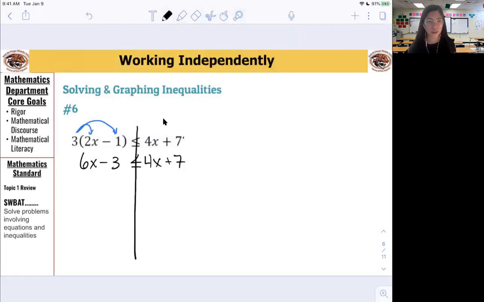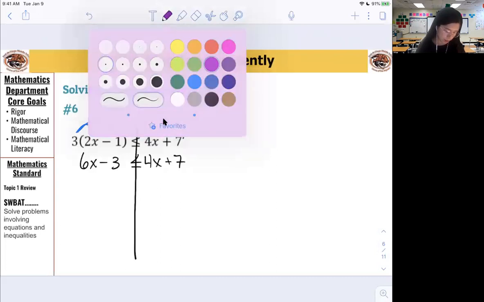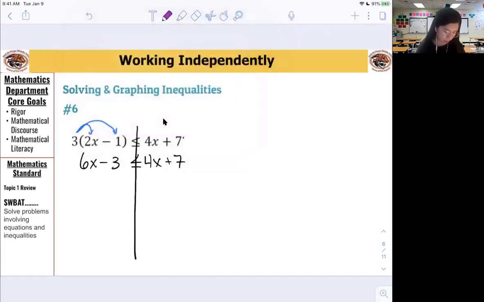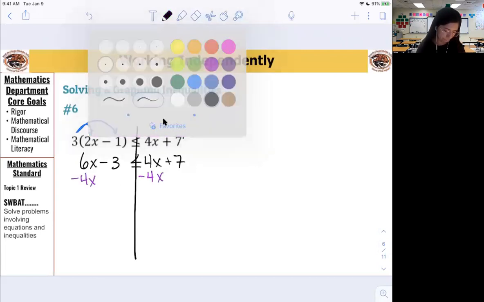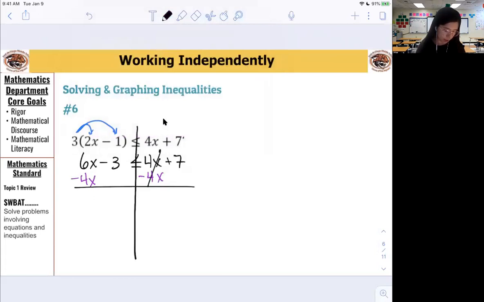So I started with distributing. Now I notice that there's variables on both sides. So I got to move one to the left. And since I have a positive 4x, I'm going to subtract 4x from both sides. 6 minus 4 is 2. Everything else I'm just copying down.